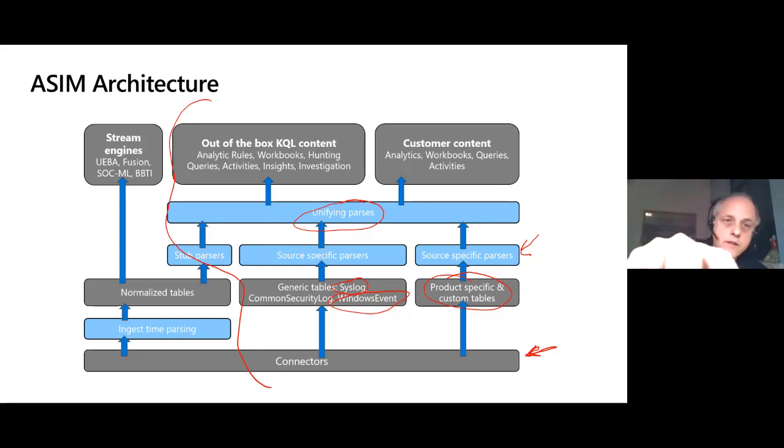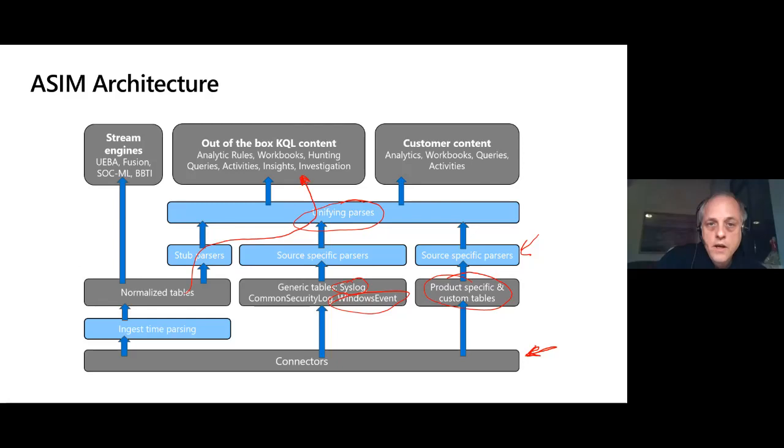But, and that's really important, the same normalized tables go through the same unifying parsers to the same content. So if you create any ASIM-based content today, it works with both query time parsing and with any data which is already received at the workspace normalized. Again, more details on that in 2 weeks' time.